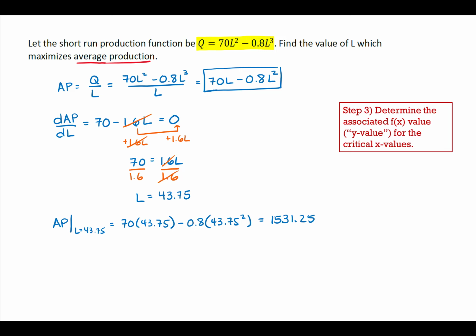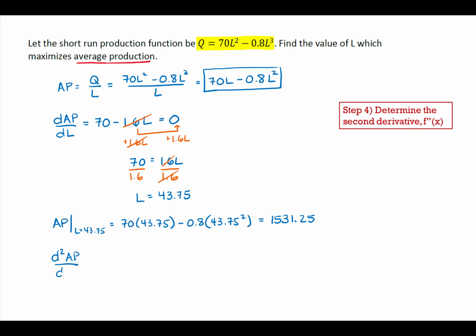For that, I'm going to take the second derivative, d squared AP by dL squared. So I'm going to do the derivative of our 70 minus 1.6 L that we have over here, our first derivative, and I get negative 1.6. So my second derivative is negative everywhere, indicating that it is concave down everywhere.